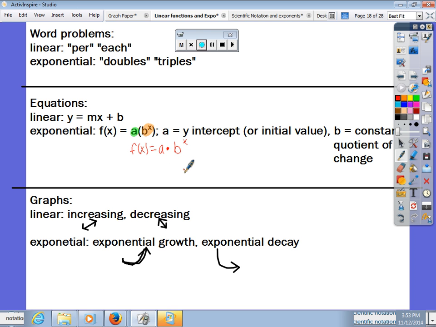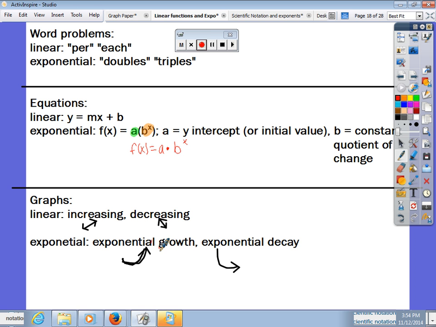Okay? Now, the graphs of linear compared to exponential. Linear graphs, of course, make a straight line, and they're always either increasing or decreasing. Exponential graphs, we called them our ballerina graphs whenever we did our dance in class, because it's like you're just being a ballerina with your hands. But it either is growing, that's called exponential growth, or decaying.